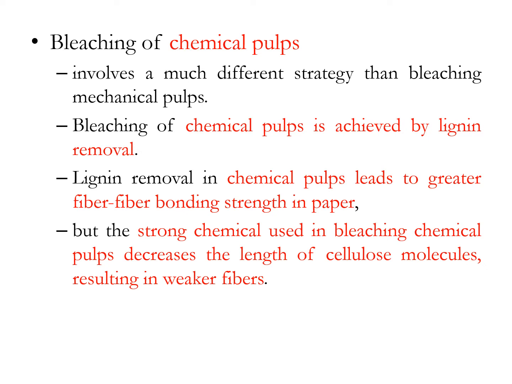Lignin removal in chemical pulp leads to greater fiber to fiber bonding strength of the paper. But in chemical pulp bleaching, strong chemicals are used, which also decreases the length of the cellulosic molecule and thus results in weaker fibers.